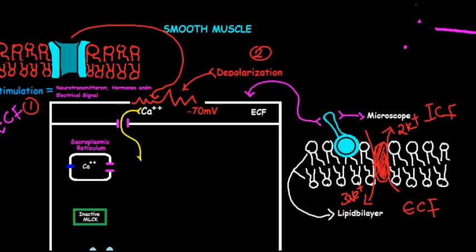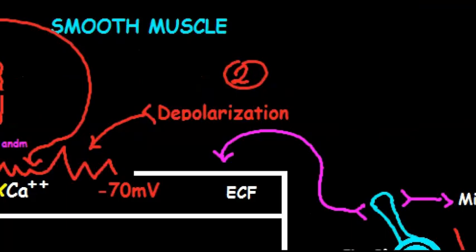Therefore, because of this same reason, the cell membrane has a negative charge of negative 70 millivolts, right? Due to more potassium ions inside and more sodium ions outside of the cell. Notice that during the depolarization process, the cell membrane becomes less negative or more positive.